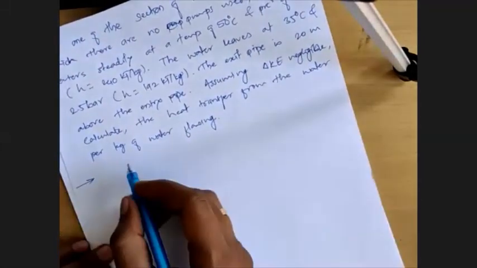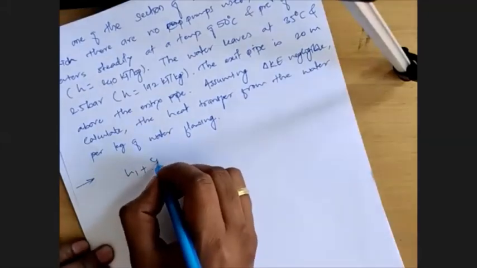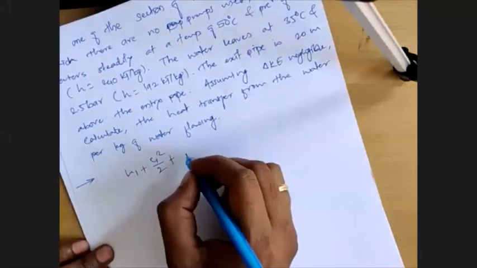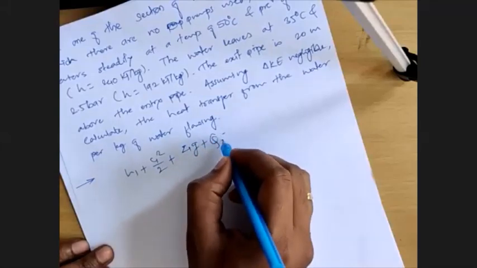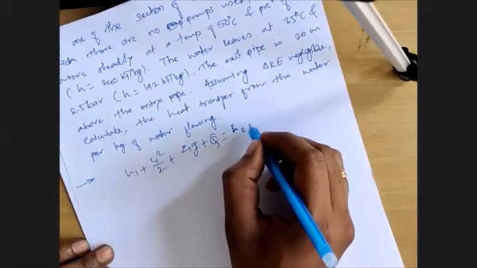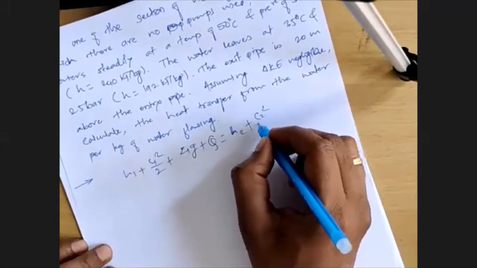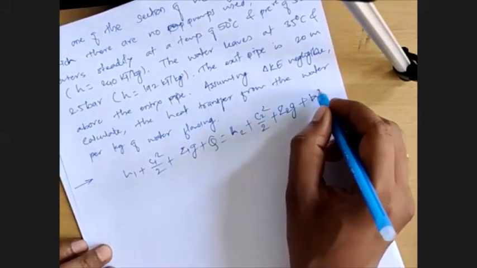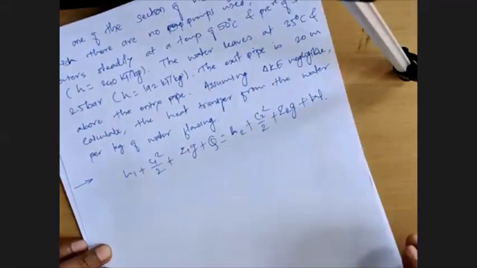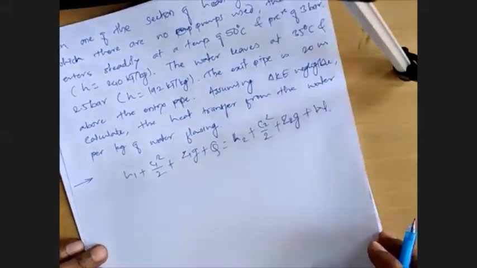So we need to use the generalized equation, that is H1 plus C1 square by 2 plus Z1G plus Q is equal to H2 plus C2 square by 2 plus Z2G plus W. This is the general equation and we need to use this equation.